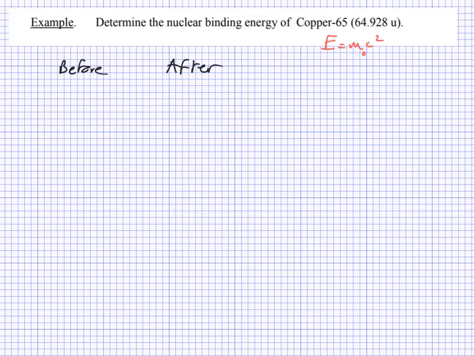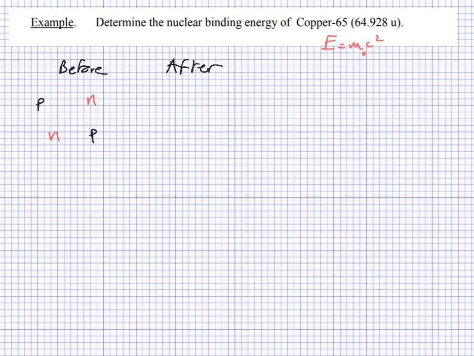So let's think about protons and neutrons before they are bound together and after they're bound together. I'm just going to represent that with a simple diagram like this. Let's say we're going to use helium again, so there are 2 protons and 2 neutrons. We're not going to put any indication that there's any interaction between them, so these are going to be considered completely separate.